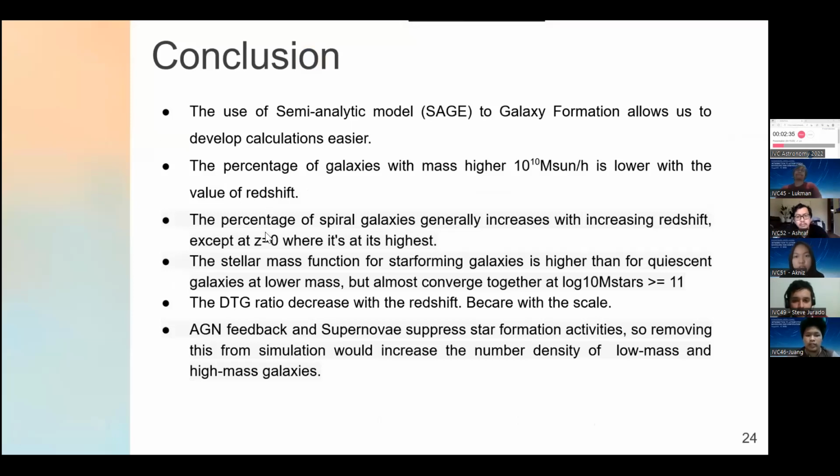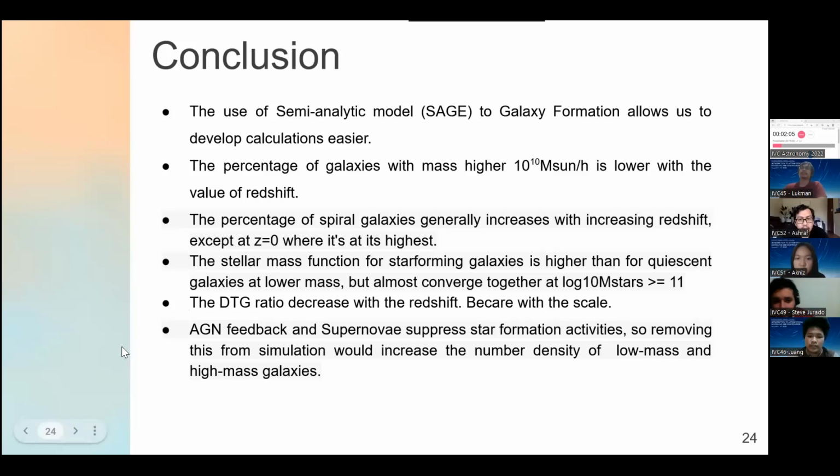Okay, guys, here is the conclusion of our work. The use of a semi-analytical model of galaxy formation allows us to develop calculations more easily. The percentage of galaxies with mass higher than 10 to the 10 solar mass per h is lower with higher redshift. The percentage of spiral galaxies generally increases with increasing redshift, except at z equal to 0, where it's at its highest.